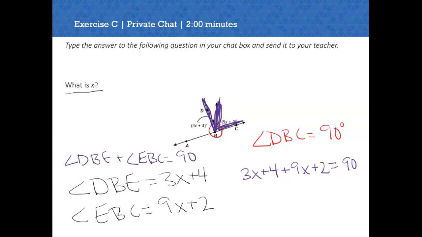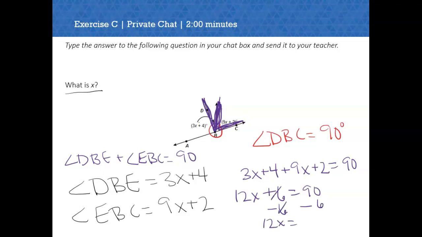And we solve this like we did back in semester 1. We combine like terms first. So 3x and 9x is 12x. 4 and 2 is 6, equals 90. Now we solve. We want to get the numbers together before we worry about the variable term. So we want to get rid of this plus 6 by subtracting 6 from both sides.